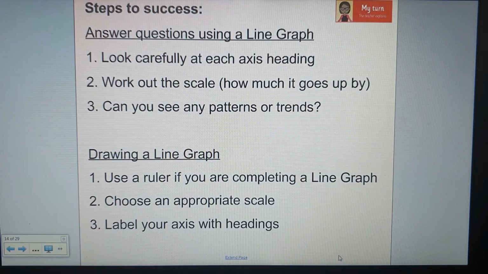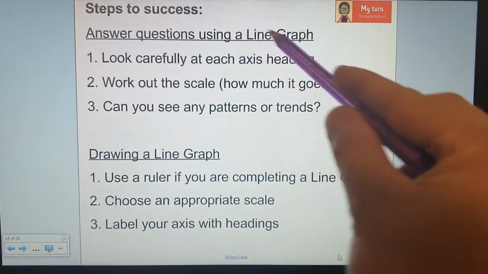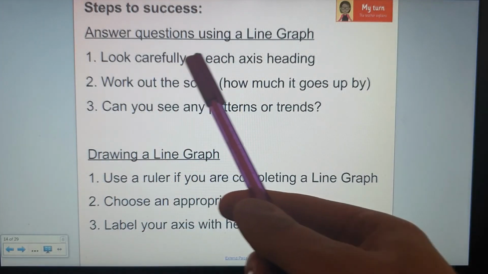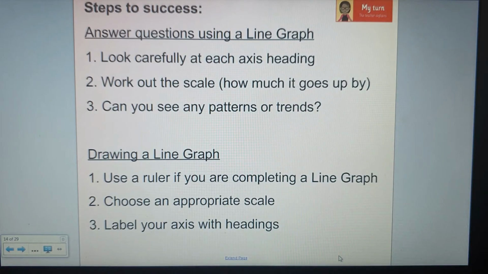So, steps to success for today. If you're answering questions using a line graph, so if you've already got the information, you just need to interpret it and look at it to answer the questions. You need to look carefully at each axis heading. So what is it telling you? So what is the scale of time?